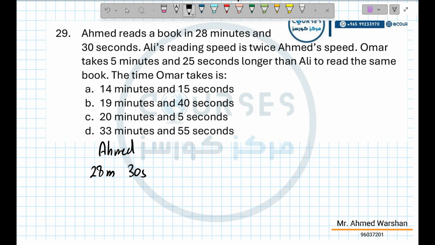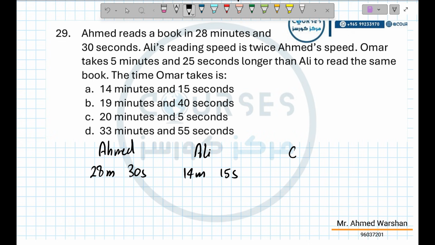That's the trick. So Ali will not take twice the time as Ahmed, that would mean he is slower. If he has twice the speed, it means he's taking half the time. So half of the 28, that's 14 minutes. Half of the 30 seconds, that's 15 seconds.